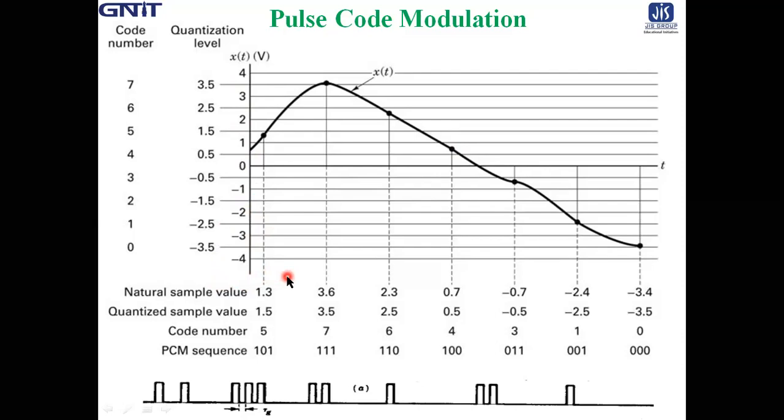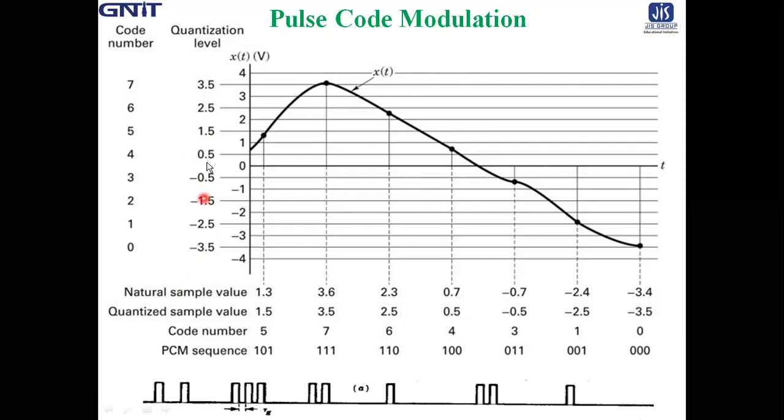Then at the middle of each division, we have considered another level which is called the quantization level, which is say minus 3.5 volt, minus 2.5 volt, minus 1.5 volt, minus 0.5 volt, and plus 0.5, 1.5, 2.5, and 3.5 volt.